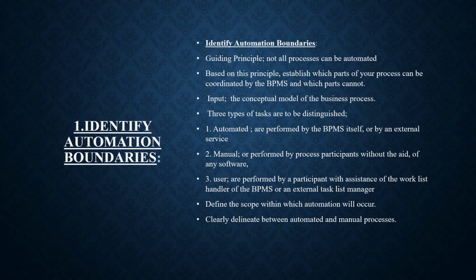The input is the conceptual model of the business process. Three types of tasks are designated: automated, manual, and user. Automated tasks are performed by the BPMS itself or by an external service. Manual tasks are performed by the process participants without software support. User tasks are performed by a participant with the assistance of the work list handler of the BPMS or an external task list manager.